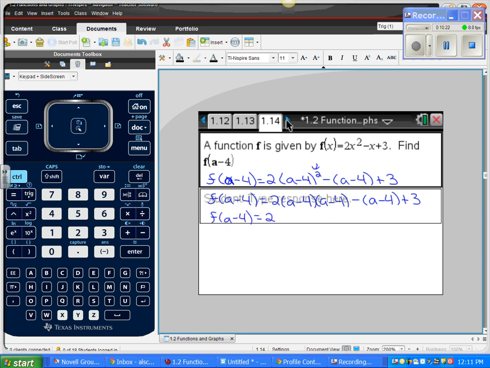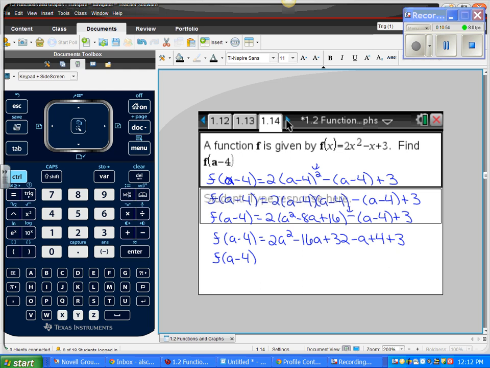So we're going to keep our 2. a squared minus 4a minus 4a is minus 8a plus 16. Okay. I'm going to distribute through: 2a squared minus 16a plus 32. I'm going to distribute through that negative sign: minus a plus 4 plus 3. Now I'm going to go through and combine like terms.